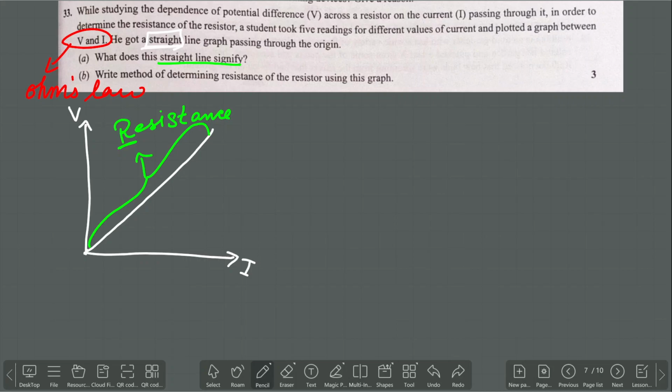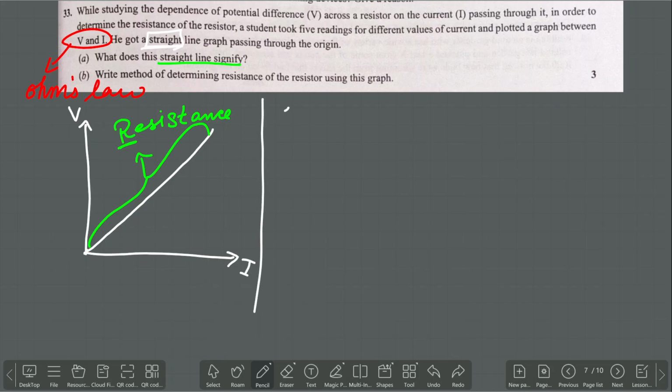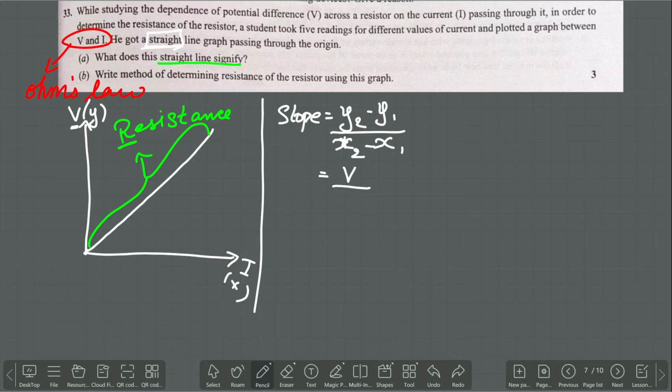So the reason is slope. Since we are going to calculate the straight line over here, we need to use the formula what you are learning in our mathematics. The slope is equal to y2 minus y1 by x2 minus x1. This is going to be our y-axis and this is going to be our x-axis. Along the y-axis what quantity do we have? V, that means potential difference, and along the x-axis current I. We all know the Ohm's law formula.